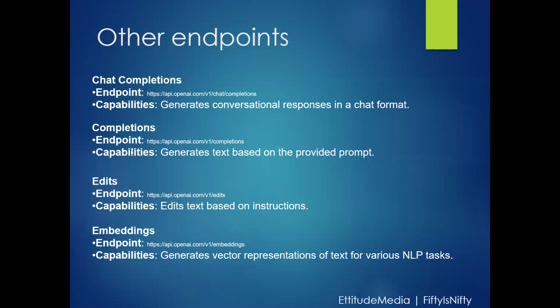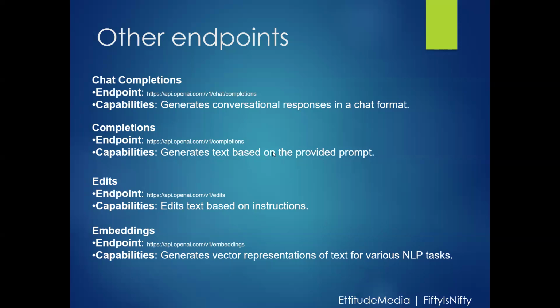There are a few more endpoints which can be used. There is, I think, the V1 completion endpoint, which returns text based on the provided prompt. This one is more like a chat format output, but there is also the option where you give the prompt directly.